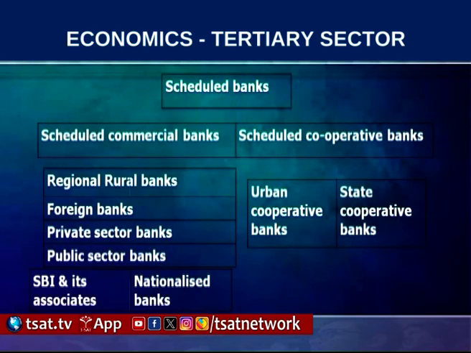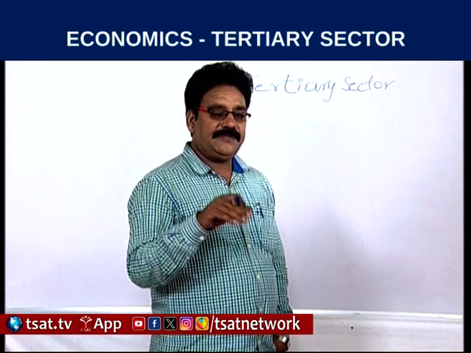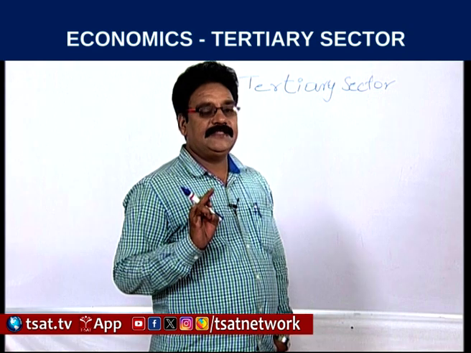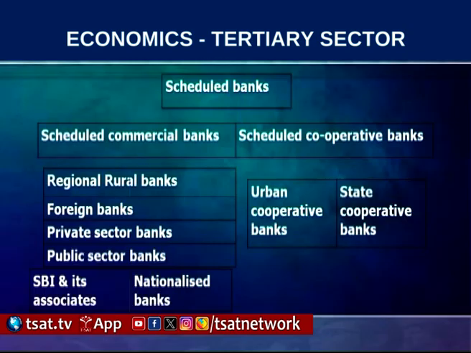Under the RBI, scheduled banks are there. Scheduled banks are again classified into two types: scheduled commercial banks and scheduled cooperative banks. Scheduled commercial banks are again classified into four types: public sector banks, private sector banks, foreign banks, and regional rural banks. These four types come under the category of scheduled commercial banks.